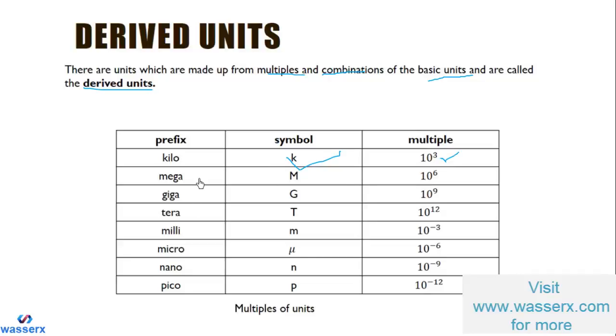Then we have mega, giga, tera, and so on. So these are called the multiples of units, or the derived units, because they are obtained by combining 2 or more basic units, which are the fundamental units of measurement.